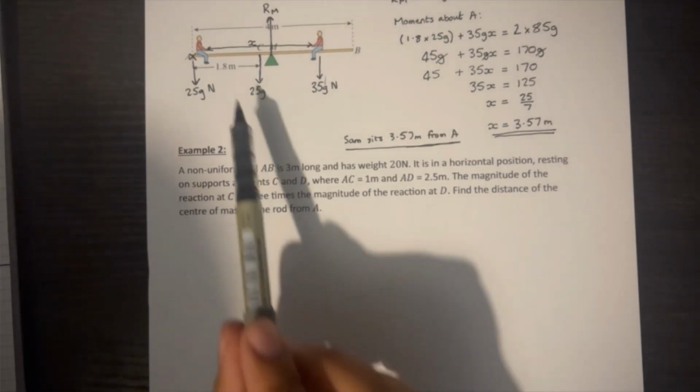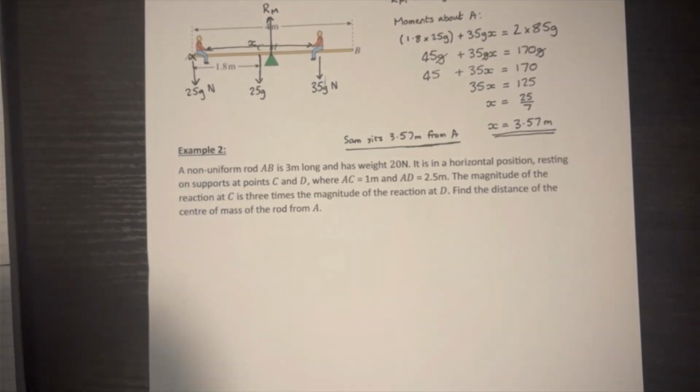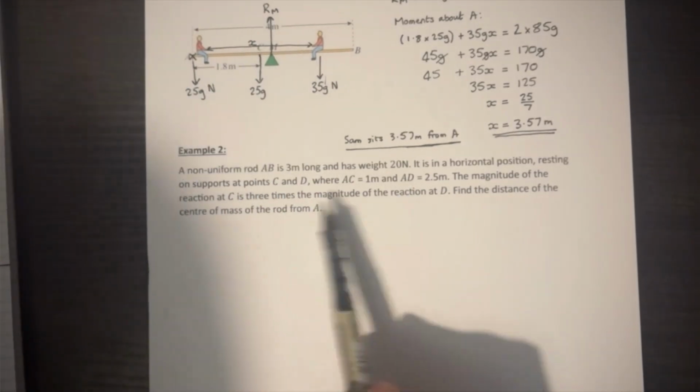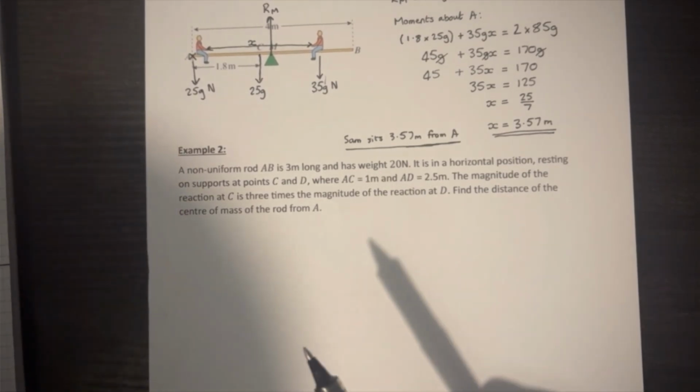So this time they haven't given us the center of mass like they did on the first one. We're being asked to find the distance of the center of mass from A given those pieces of information about the rod and about the reaction forces.